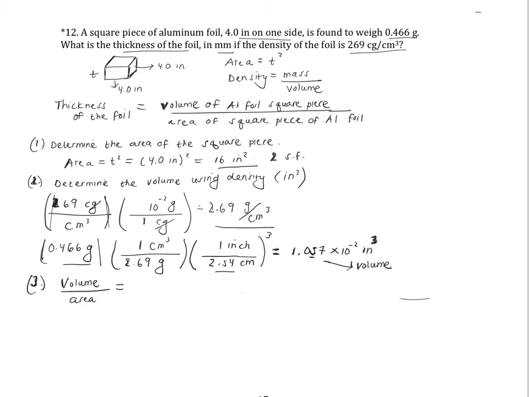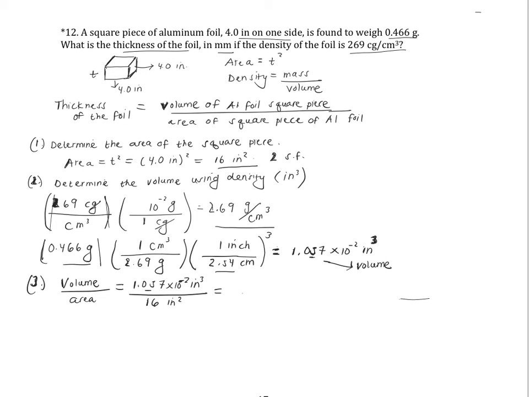So we're going to take 1.057 times 10 to the negative 2 inches cubed and divide it by 16 inches squared.